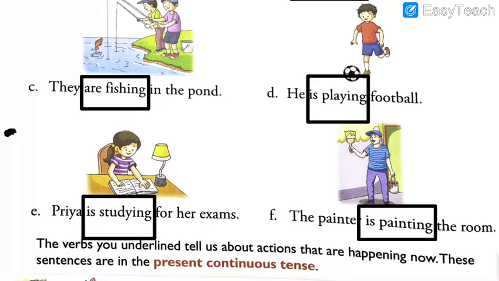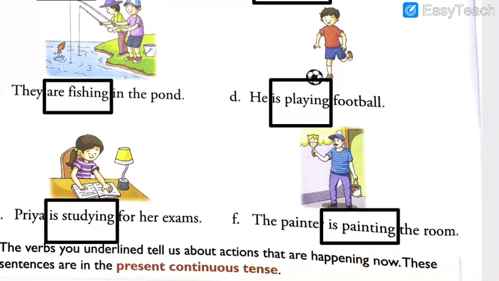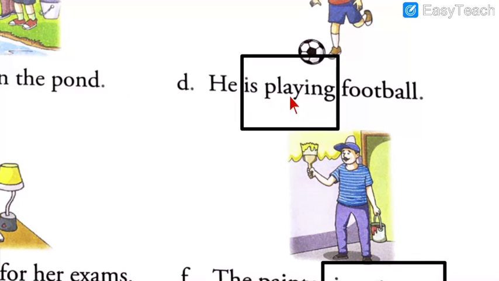Verb means action. Now say for an example, play. Play is action. And ing shows the continuous form. So play becomes playing. You might be using this word playing, but now you should know that whenever behind the verb, behind the action, ing is there, it shows the continuous form.